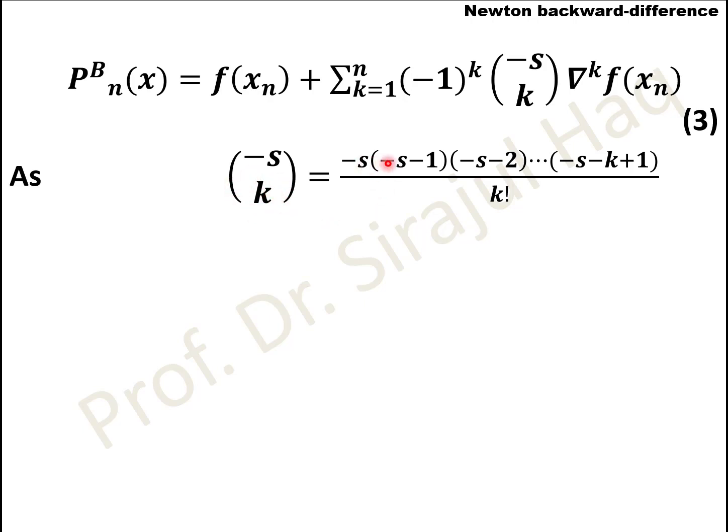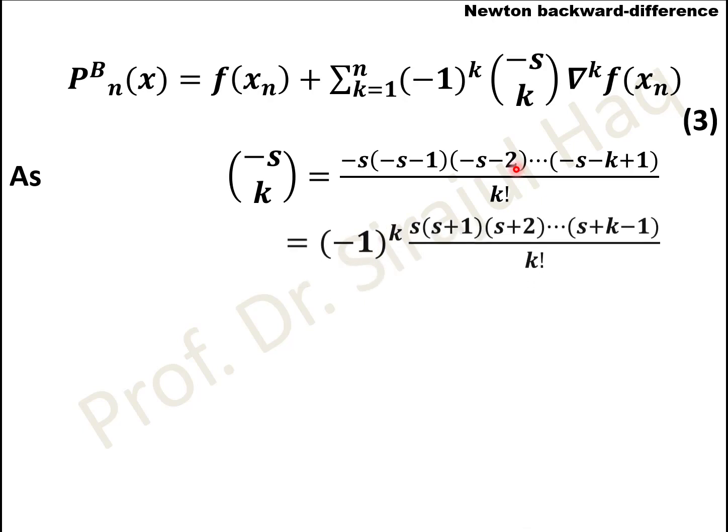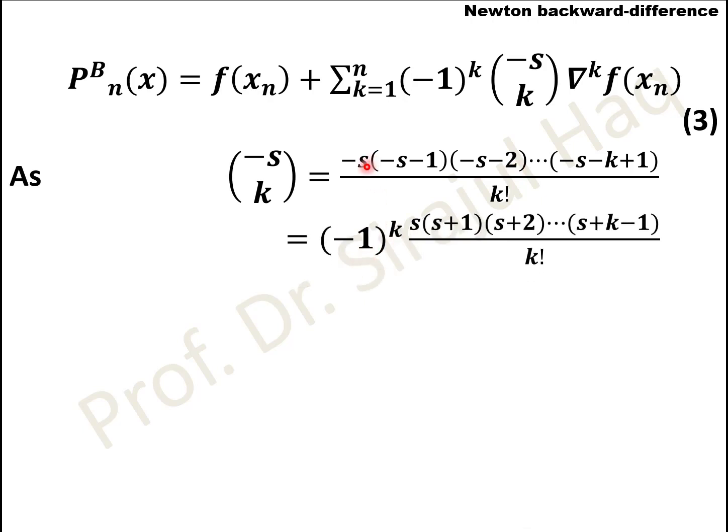If I take the minus sign common from all the terms, you can see that in the numerator there are k terms. This will be minus 1 raised to the power k, and the rest will become s plus 1, and so on, up to s plus k minus 1, divided by k factorial.